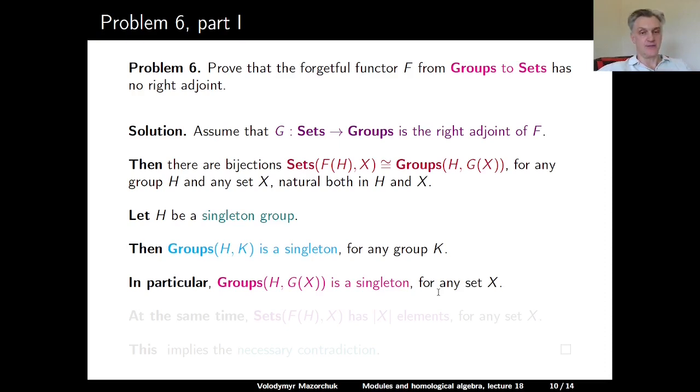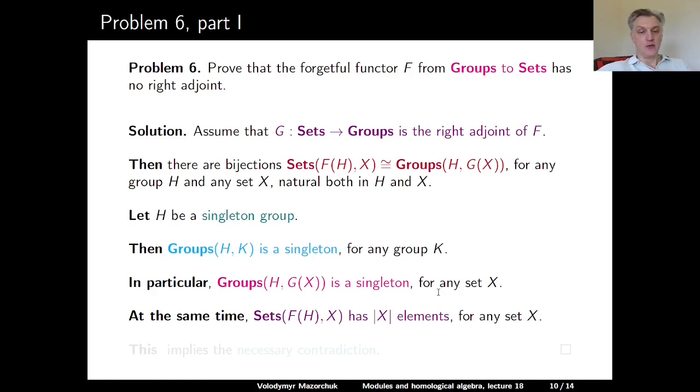At the same time, on the left-hand side of our bijections, we have the set of all set maps from f of H to X. So f of H is a singleton, it's just the restriction of a singleton group to sets.